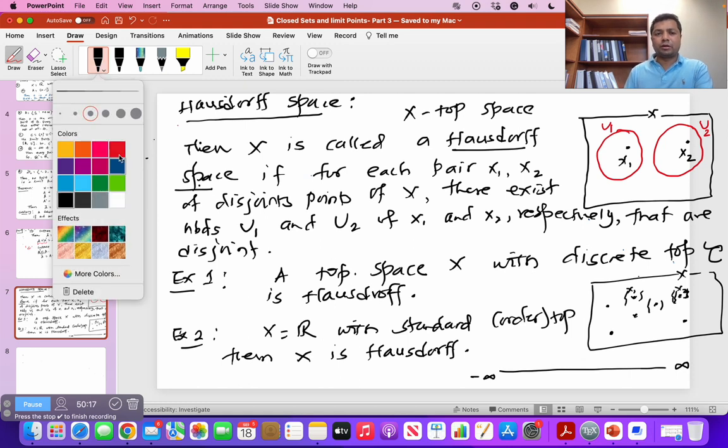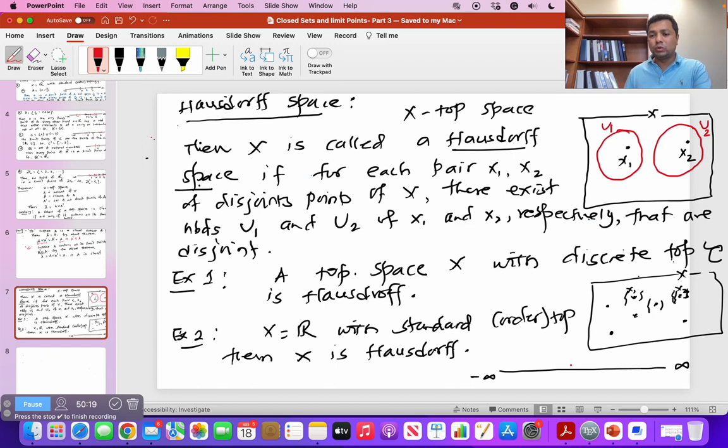If you pick any two distinct real numbers, let's call them x1 and x2, with x1 smaller than x2, then since they are distinct you can compare them.